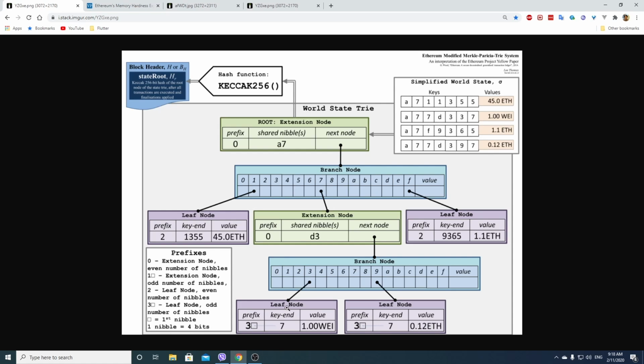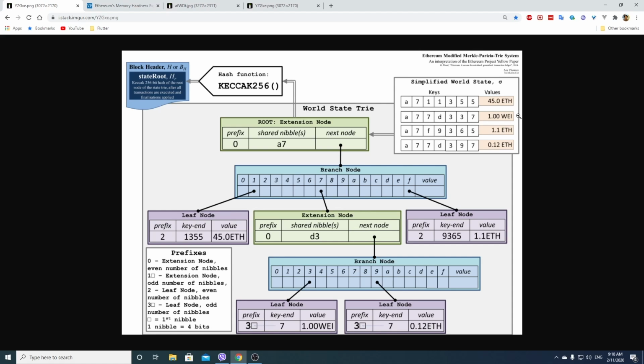So what does it really look like? We know that this kind of tree maps a key to a value. Remember, the storage is basically a key-value pair. In Ethereum, the values can be arbitrary. They can be complex data structures, meaning that they can have strings, integers, floating values, and so on.